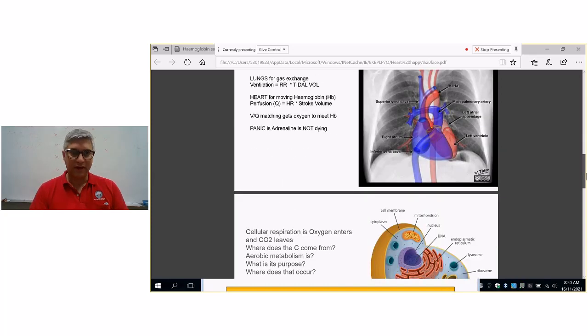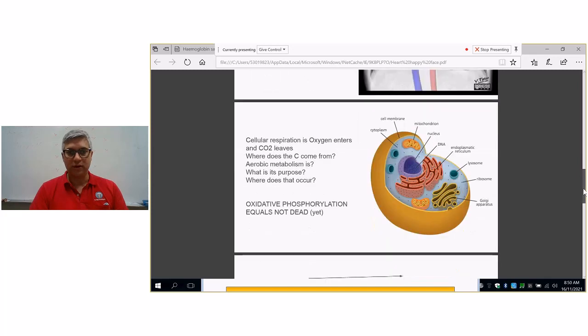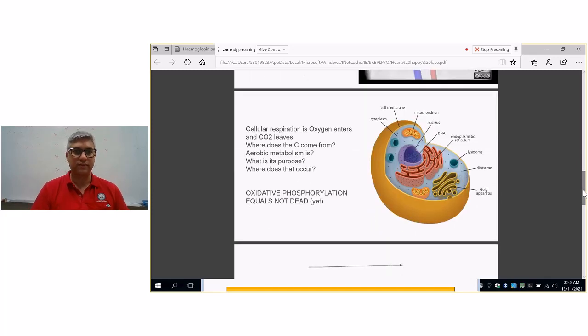So panic is just increasing respiratory rate and increasing your heart rate to increase oxygen getting in and oxygen delivery. Now, what are we doing with all that oxygen? To do what? Making ATP. So what is ATP? It is our store of energy that then separates into ADP plus phosphate to release the energy.